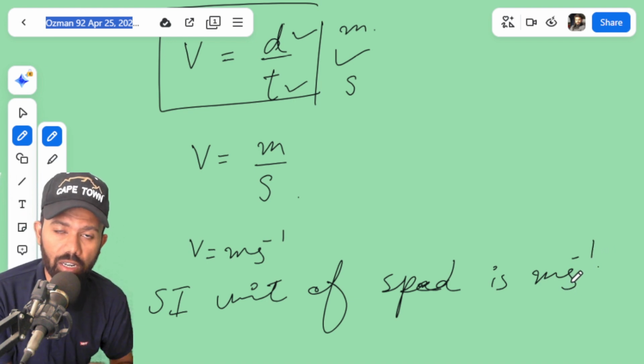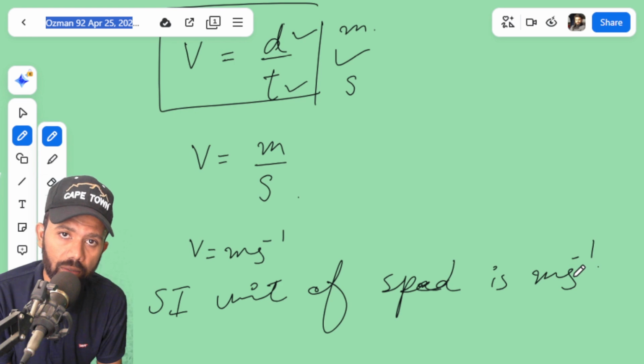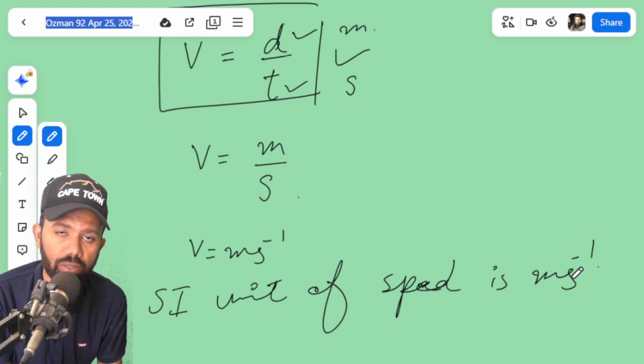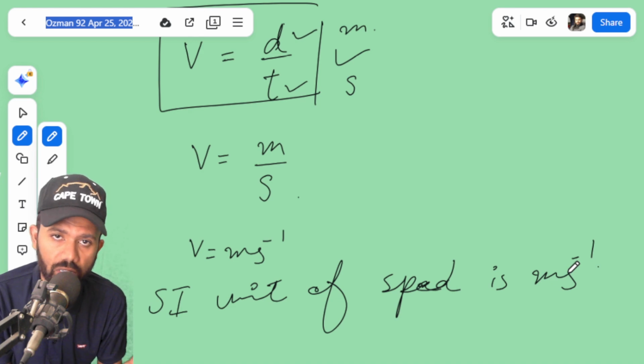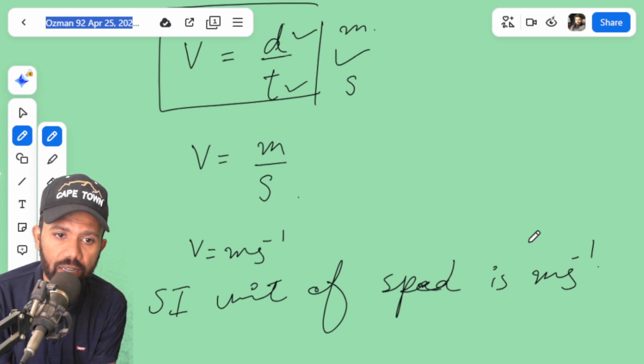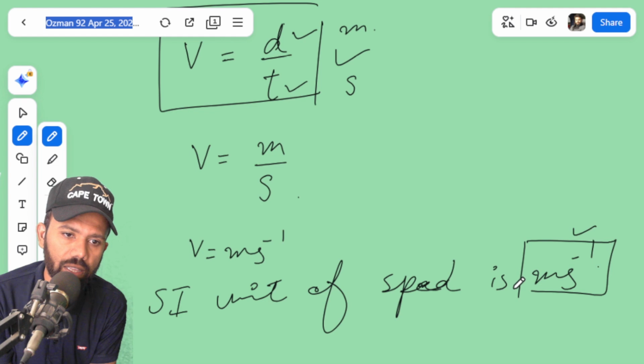We can measure speed in kilometers per minute, miles per hour, so we have all other units of speed depending on the situation and circumstances that we have, right? So this was the SI unit of speed, that is meter per second. Got it? You get the idea?